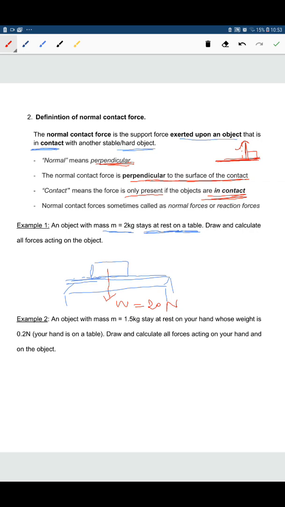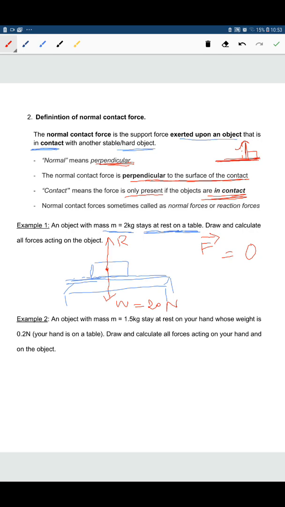Right here we only see one force acting downward. It is the gravity force. But Newton's first law says that if the object remains at rest, the net force has to be zero. So it must have another force acting upward. And it is the normal contact force.